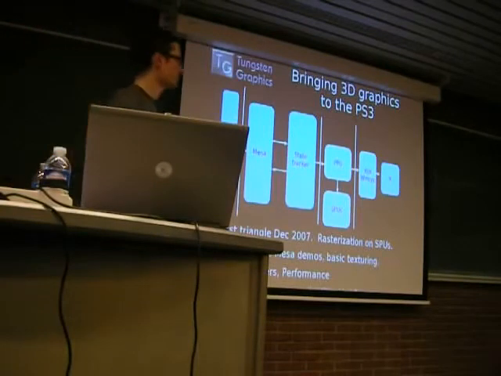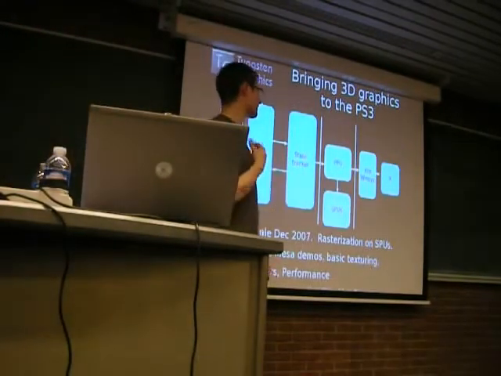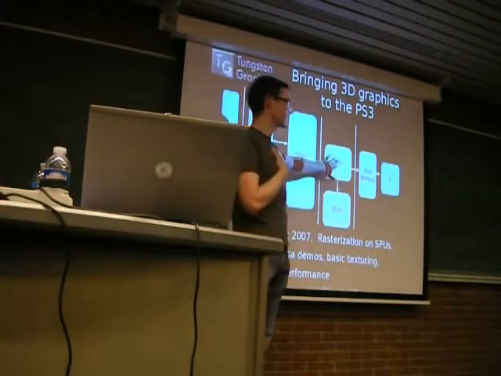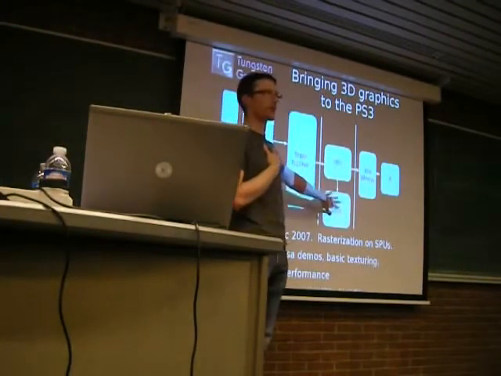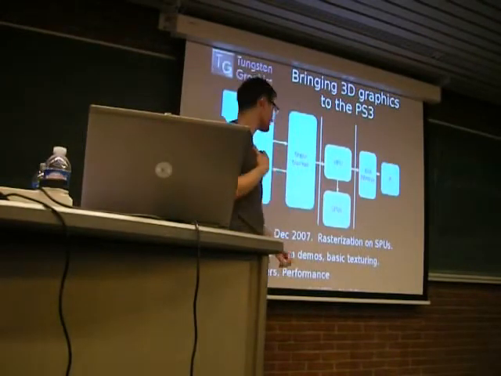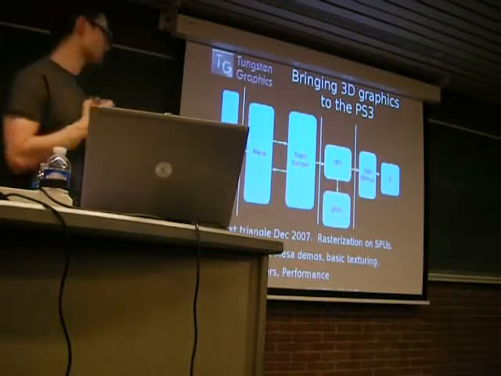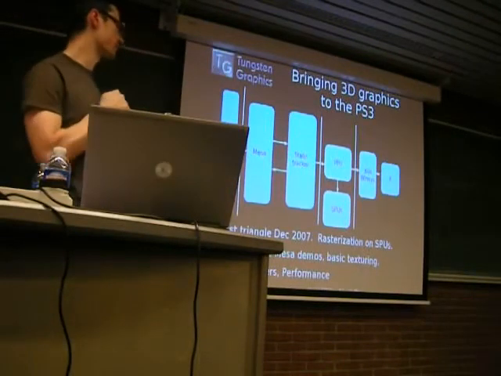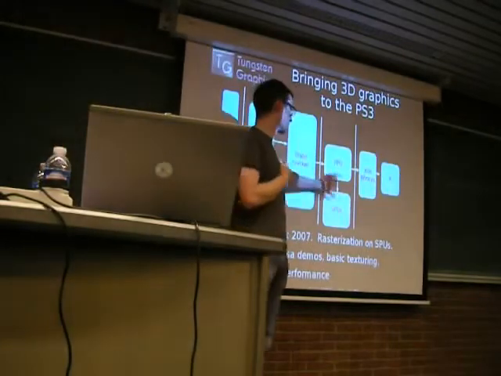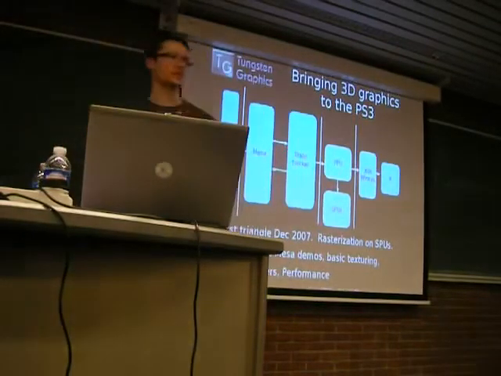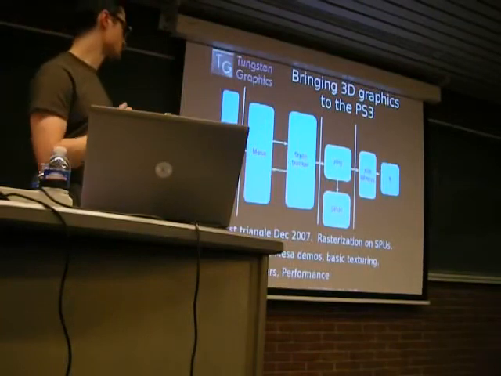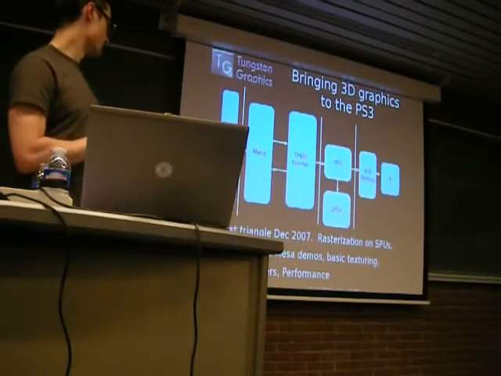So we're treating the system a bit like a regular computer with a CPU and this very odd, rasterization-level graphics card. That's a useful way to start bringing it up. I think the plan ultimately is to do everything on the SPUs, so vertex processing, clipping, etc. But the initial task is rasterization.